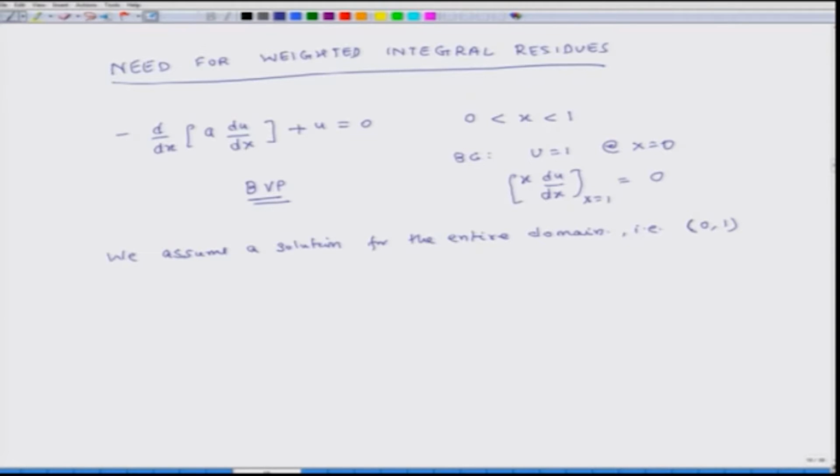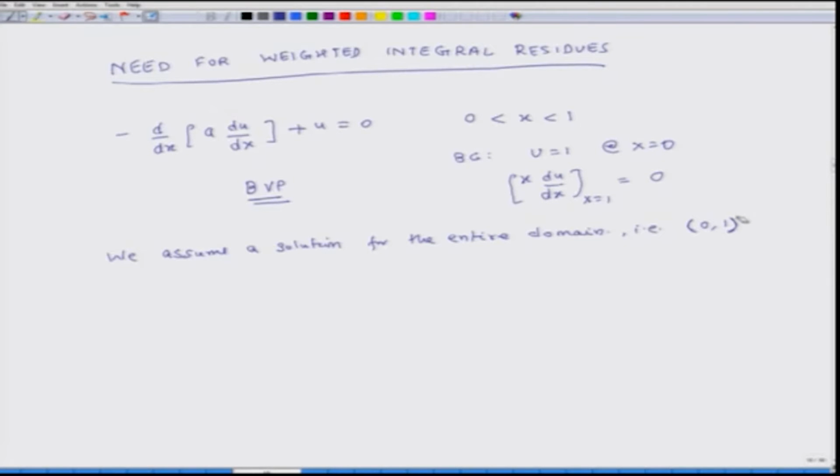These curved brackets mean that the domain does not include the endpoints. If it was a rectangular bracket, then it means that the domain includes the endpoints. If it was a rectangular bracket on left and curved bracket on right, then it includes 0, but it does not include 1.